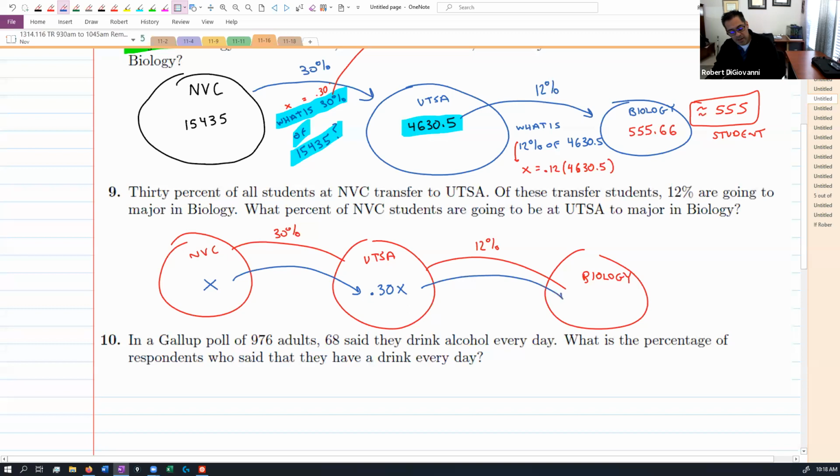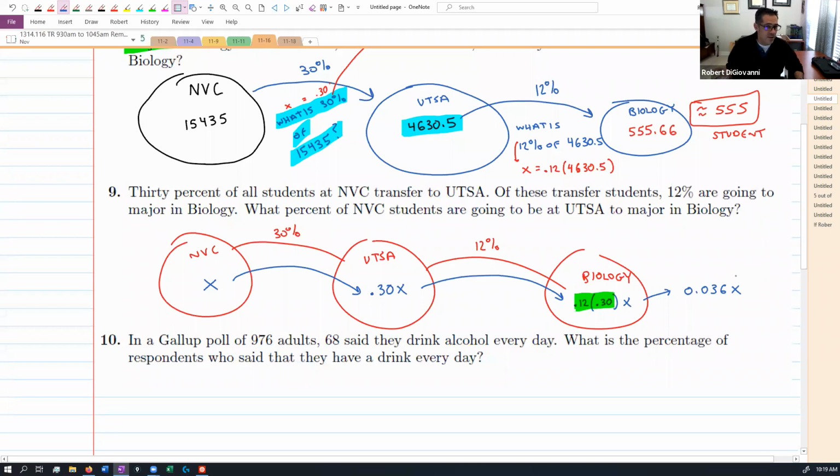And then 12% of that means we're going to take 0.12 and multiply it times the 0.30x. So on your calculator, do 0.12 times 0.3. What I'm saying is multiply those two things together, and you should get 0.036x.